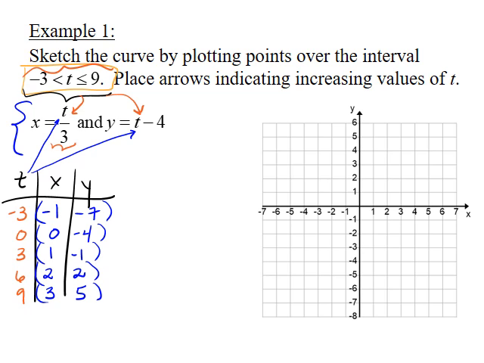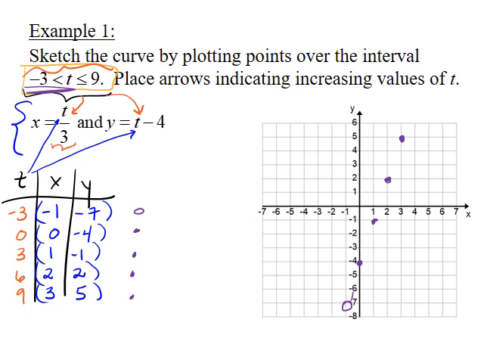Now, one thing to be cautious of when we're plotting these: since -3 is not included here, this is going to be an open circle, and then everything else is included in our interval, so they'll be closed circles. So first I have -1, -7 open, 0, -4, 1, -1, 2, 2, and 3, 5.